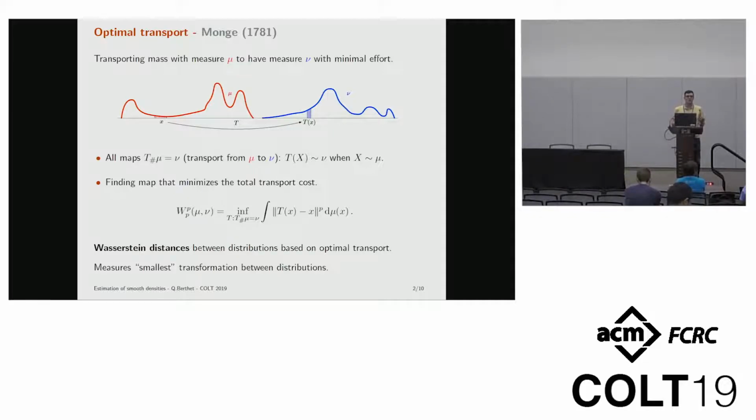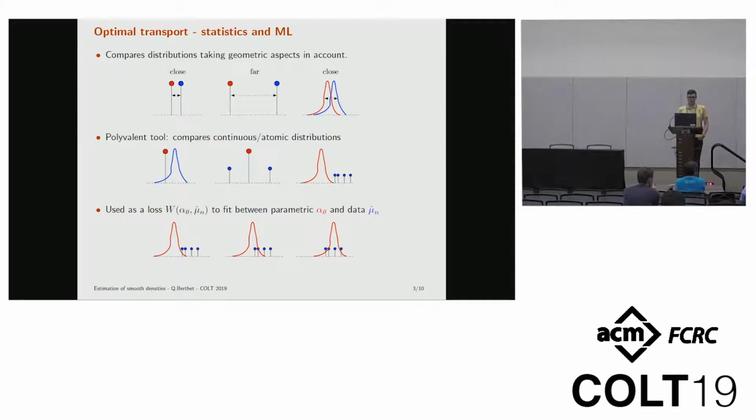And it allows to compare distributions directly in the sense that if the variables tend to be close, then the distance will be small. And of course, if the two distributions are the same, the distance will be 0. So it measures the smallest metric difference between these distributions. So it allows to do things that are really nice.